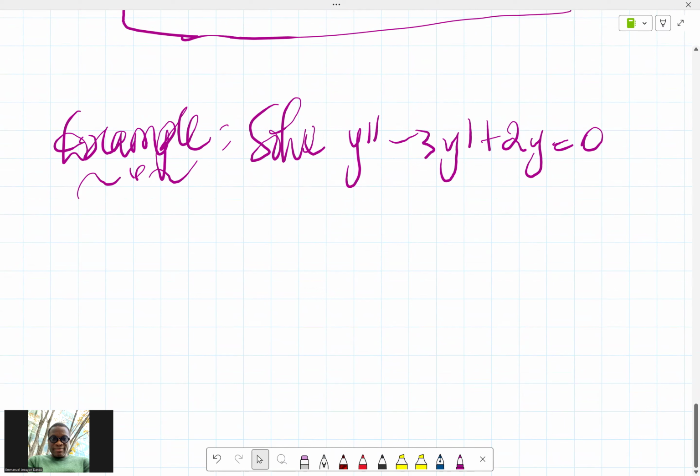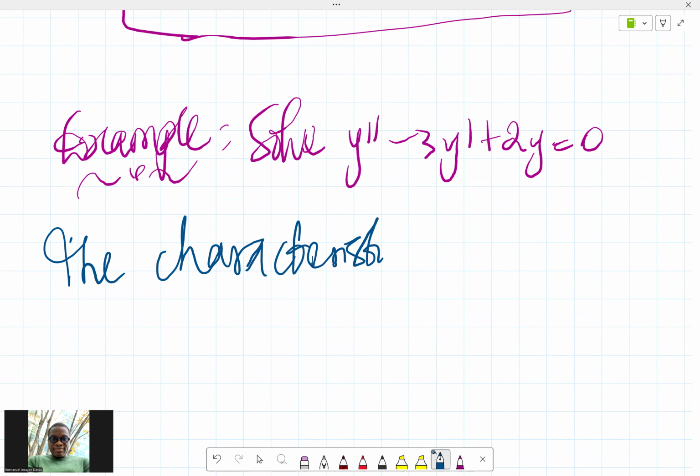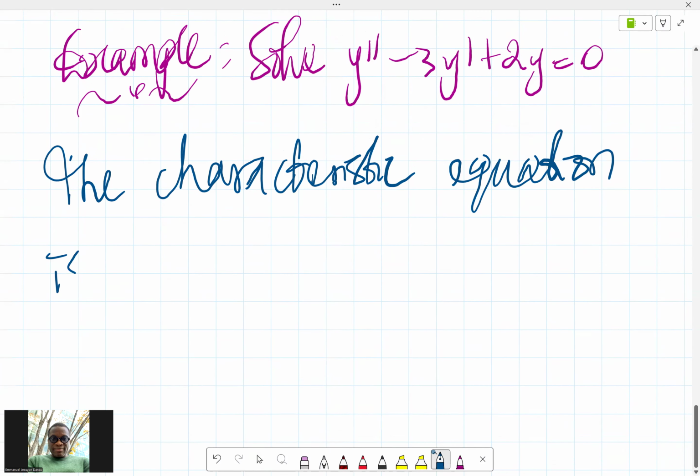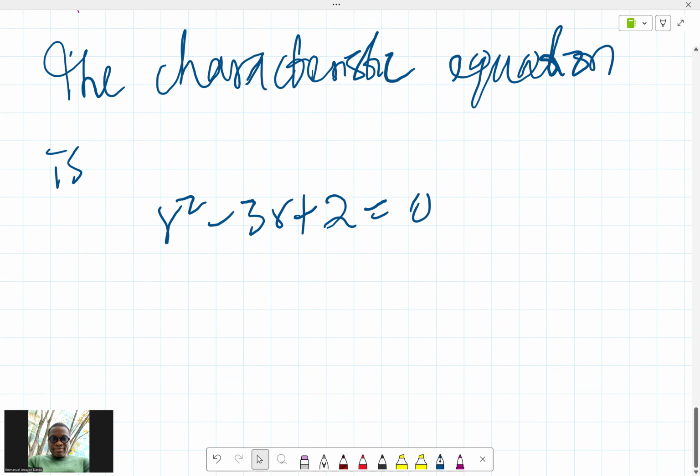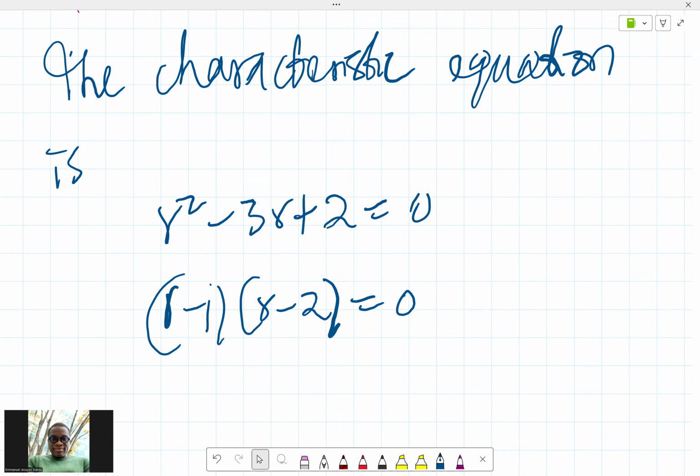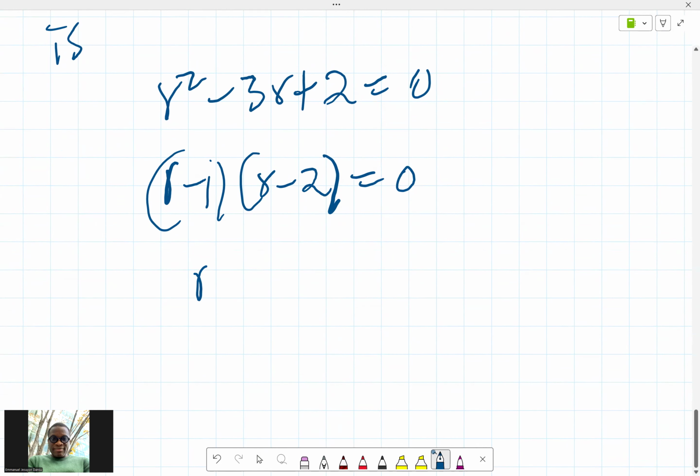To solve this, we already know the characteristic equation is r squared minus 3r plus 2 equals 0. Factorizing, this is simply (r - 1)(r - 2), so factorization shouldn't be a problem. That gives r1 equal to 1 and r2 equal to 2.